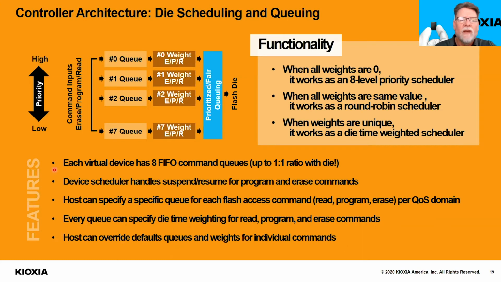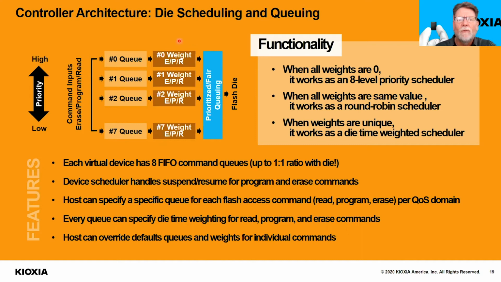So now that I've gone over the features, let's talk a little bit about the functionality. When all of the weights are set to 0 for all of the queues, it works as an 8-level priority-based scheduler, with Q0 being the highest priority queue and Q7 being the lowest priority queue. When all the programming, erase, and read weights are set to the same non-zero value, it works as a round-robin scheduler.